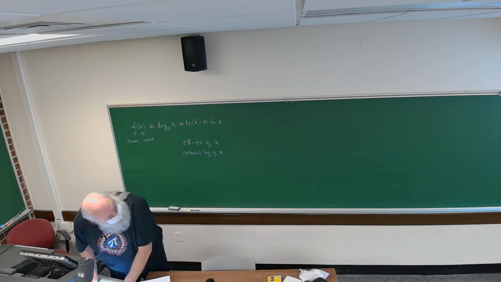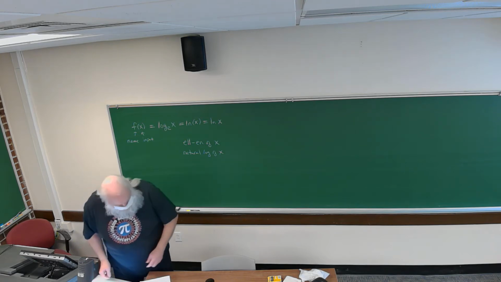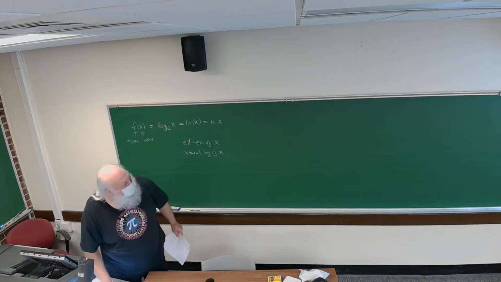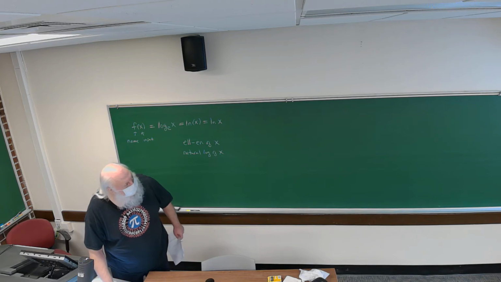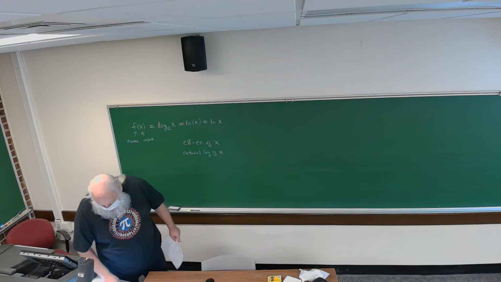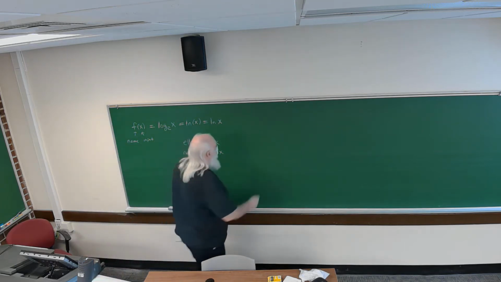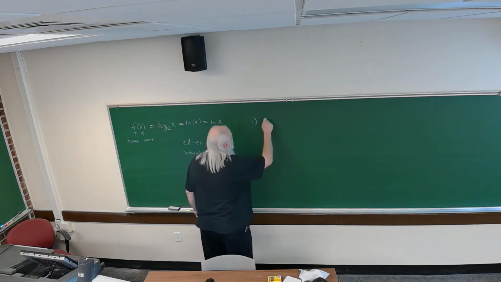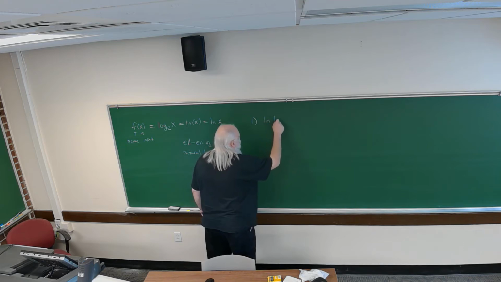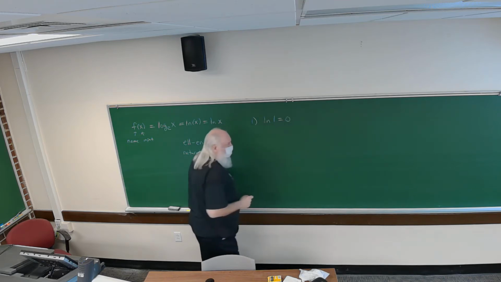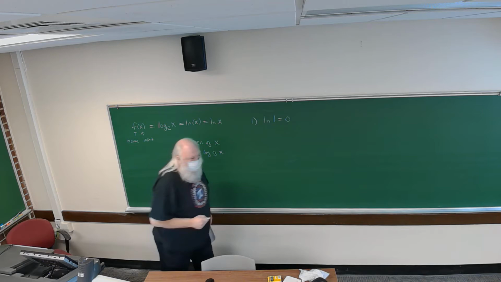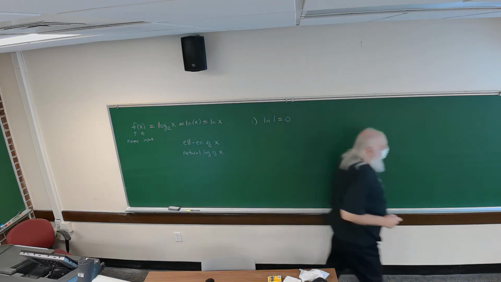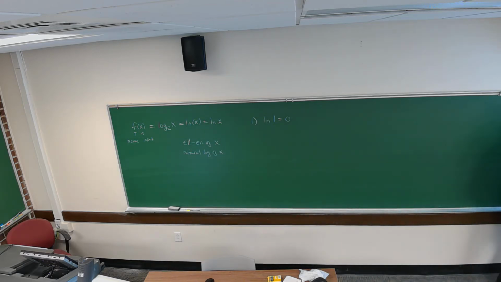These properties for the natural log function are the same as those on page 1, except we replace log base a with ln. So property 1 for the natural log function is the natural log of 1 is equal to 0. All I did was replace log base a with ln.